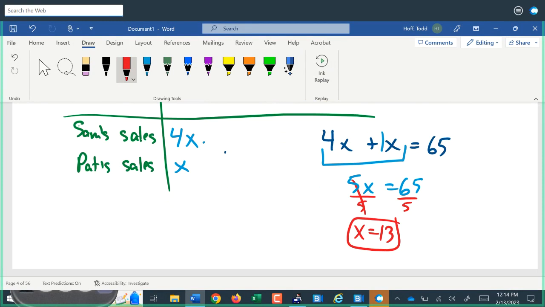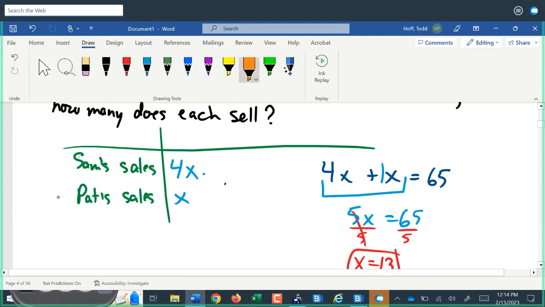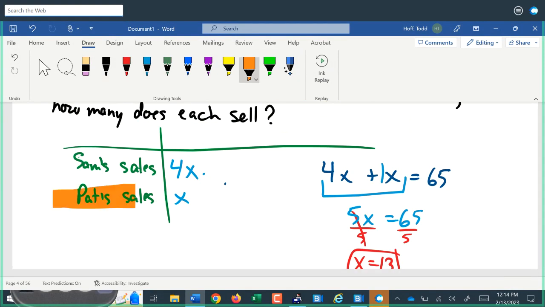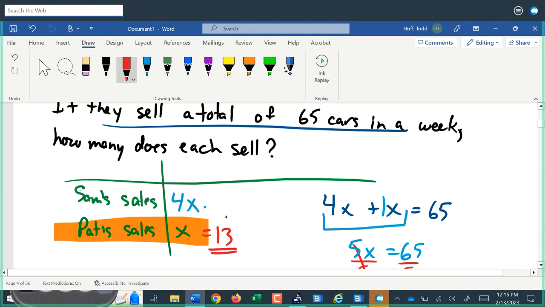Now, once we've solved, when we're using an equation for a word problem, there are 2 things we need to be careful to do. One is we need to make sure we know what the variable represents. Well, that's one of the reasons why we defined it up here, is so we can remember what it represents. X represents Pat's sales. So Pat sold 13 cars. Next, we need to make sure we've answered the question completely.